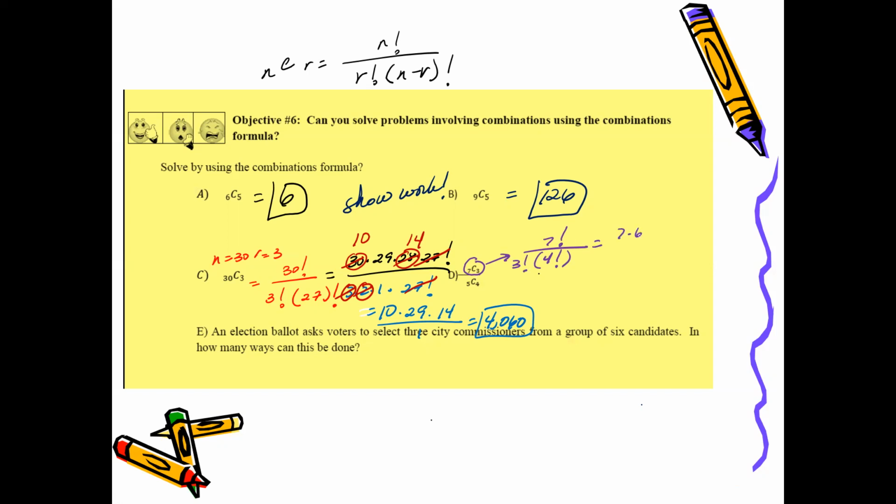So 7, 6, 5, 4 factorial over 3, 2, 1 times 4 factorial. And this part cancels. You know, 6 divided by 3 is going to give me a 2. And guess what? That 2 and the bottom 2 cancel. So 7 times 5 is a 35. That's your answer for the numerator.